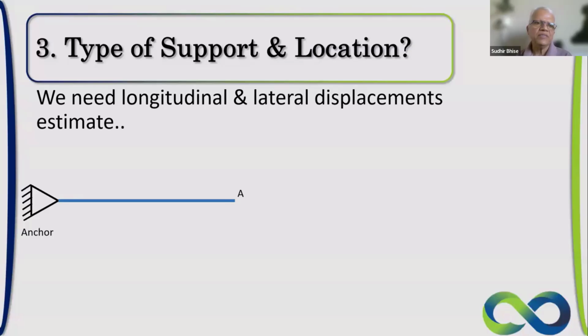For example, let us see there is one small layout over here. We have an anchor on the equipment, and we have a point where the line is taken to. Now my point A is a point of interest for providing a support. I want to decide what is the amount of expected displacement at this point.